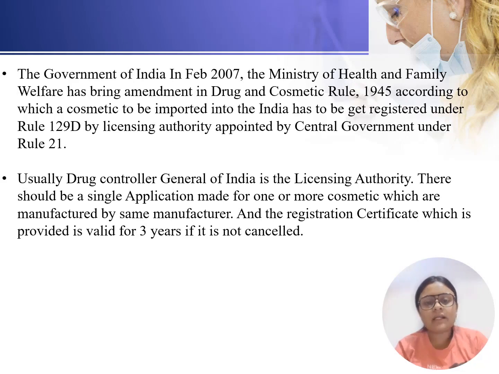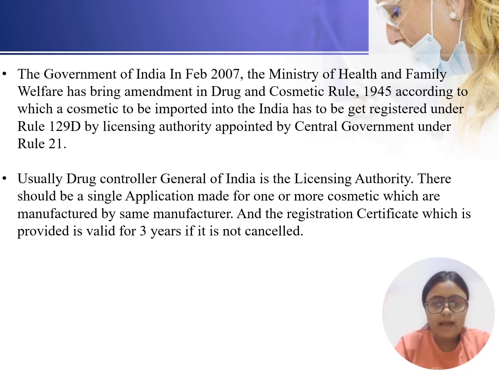In February 2007, the Ministry of Health and Family Welfare of the Government of India brought an amendment in the Drug and Cosmetic Rules 1945, according to which cosmetics to be imported into India have to be registered under Rule 129D by the licensing authority appointed by the central government under Rule 21.